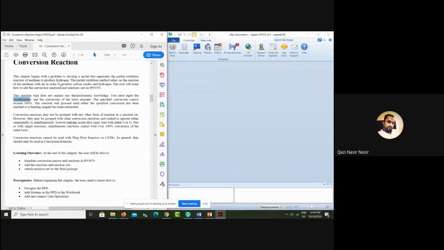The first thing you need to know is that you have a chemical reaction. The second thing you must know is that the chemical reaction has to be balanced. If the chemical reaction is not balanced, you cannot use Aspen Hysys. It must be balanced. And the third thing you need to know is the conversion: how much conversion of the base reactant, and which reactant is reacting more.